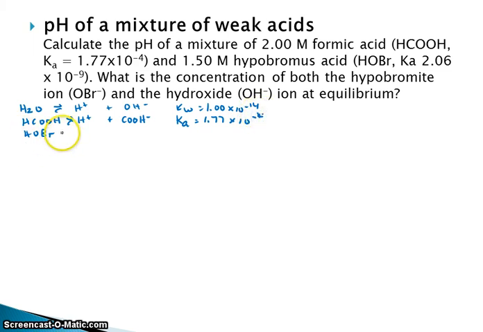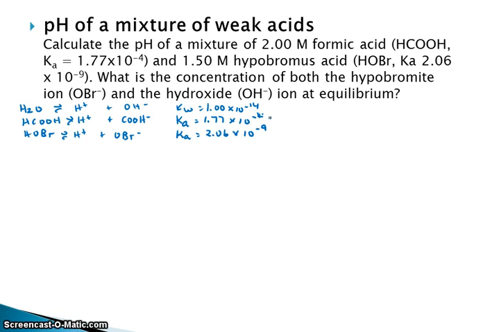And we've got our hypobromous acid, hydrogen ions and hypobromite ions, and our Ka is 2.06 times 10 to the minus 9.